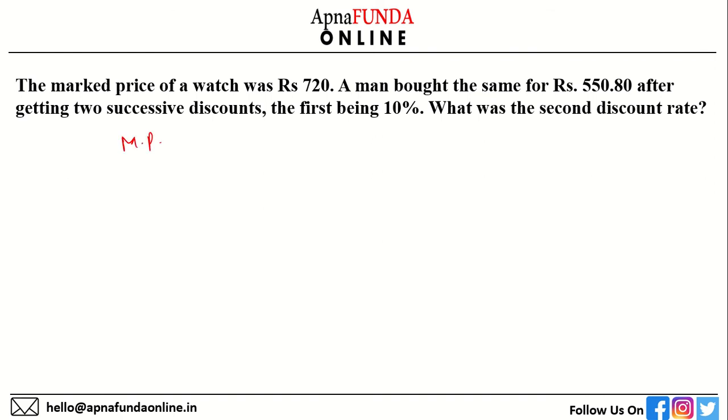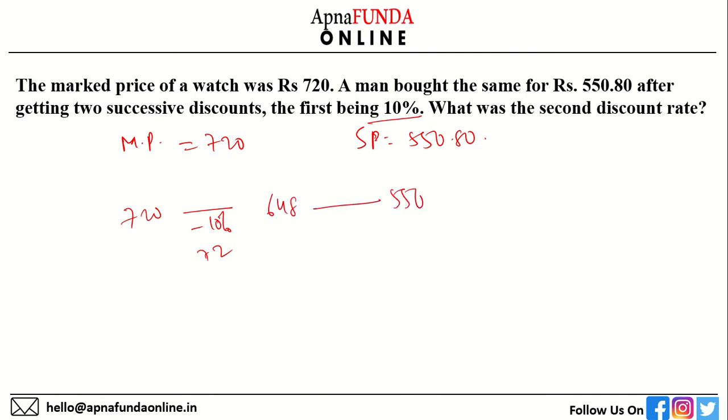Mark price is 720, selling price is 550.8. We know this. The first discount is 10%. We also know that. So 720, first discount 10%, that is 720 minus 72. This will give me 648. After the first discount, the final price is 550.8.